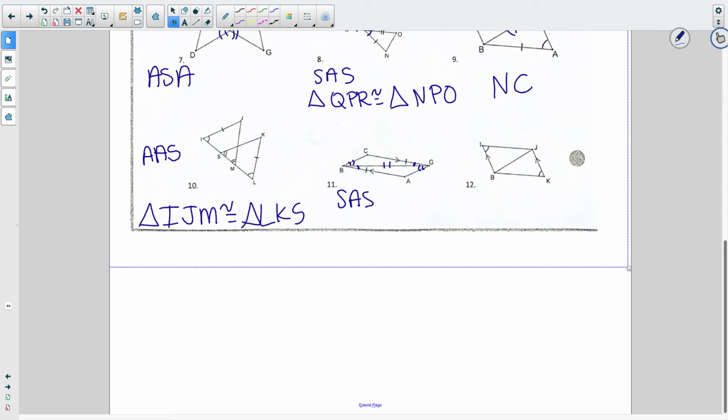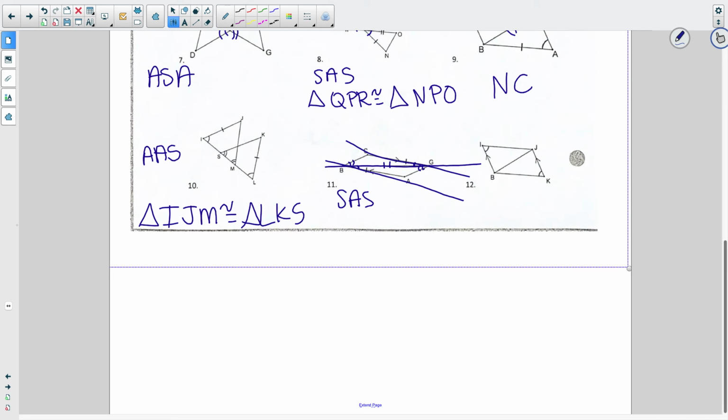Oh, I thought that you couldn't mark those because you couldn't prove that they were parallel. No, because it's a transversal. I mean like the other sides. If these are parallel and this is your transversal, those are alternate interior as well. So either one would work. Does that make sense? Okay.